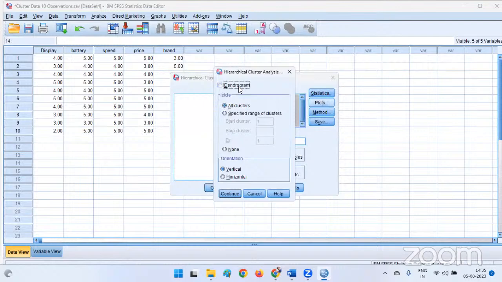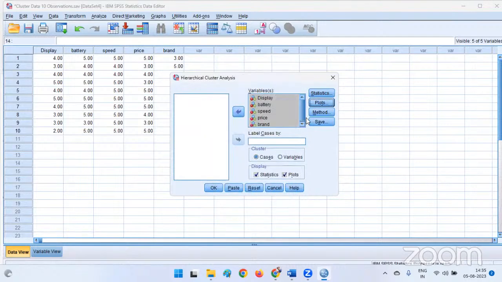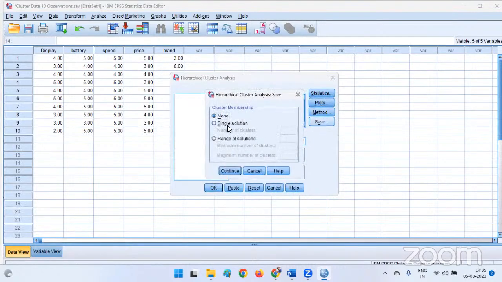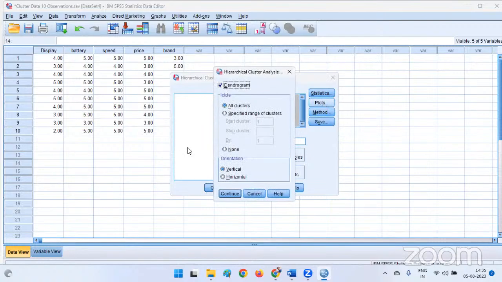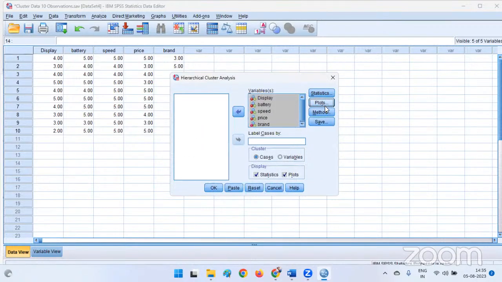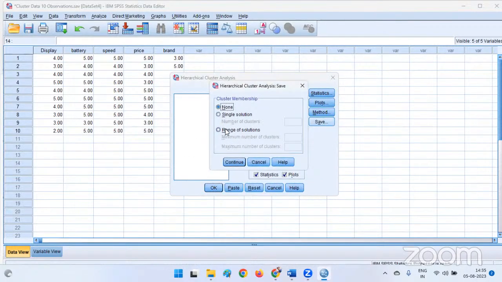Plots, I need dendrogram. So dendrogram is here. I will click this box, dendrogram. Continue. In save, I can save the solution, but now you see that there are no number of clusters given. So dendrogram will not divide into clusters. Even if I want to save, there is no cluster membership.